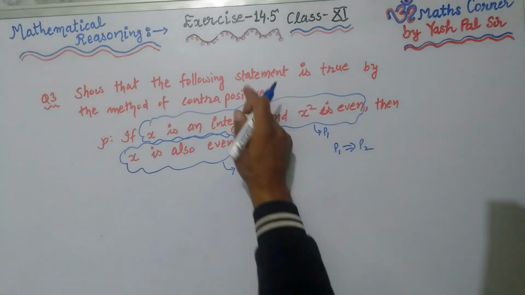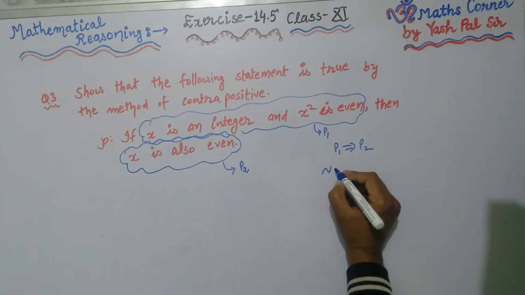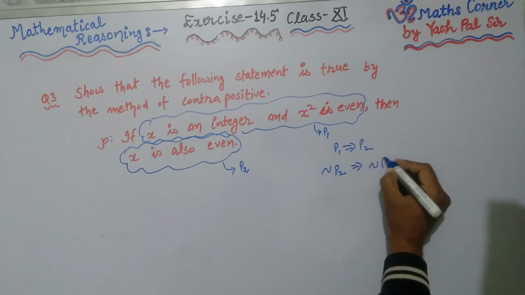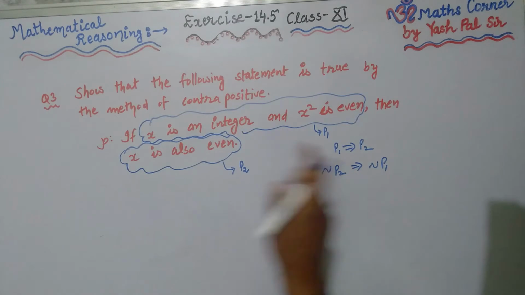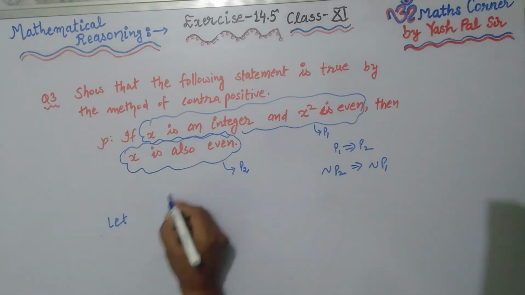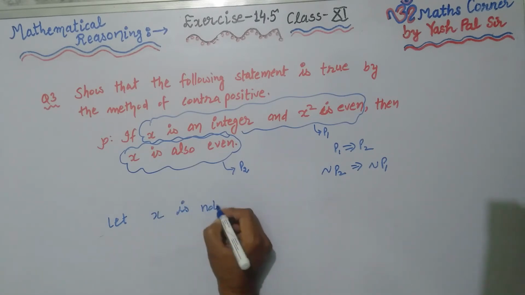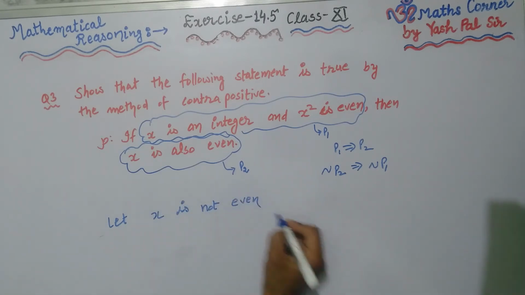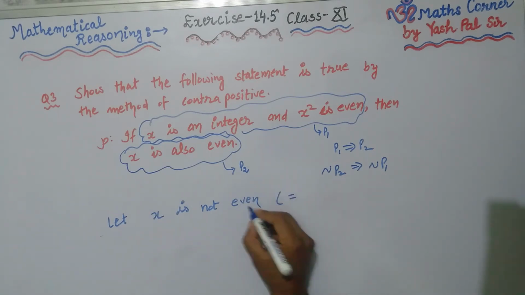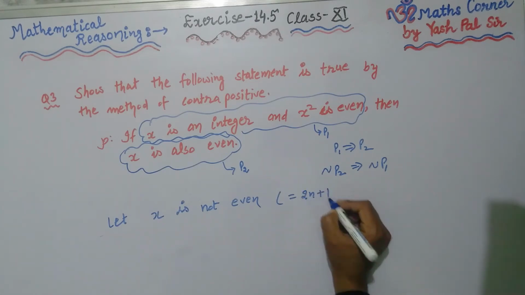Now how to prove? What is contrapositive? Contrapositive means negation of p2 implies negation of p1. Now what is negation of p2? Let x is not even, that is, not even means odd. Odd means 2n plus 1.